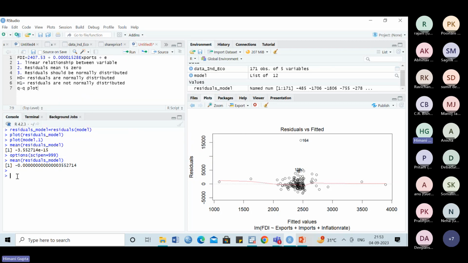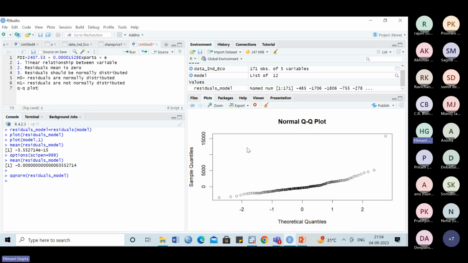So let's make it over here. The command is qqnorm. QQ is your quantile, and norm means whether they are normally distributed or not. With the combination of QQ and normality, we make the abbreviation qqnorm, and then I've given residuals underscore model. Now observe this diagram.